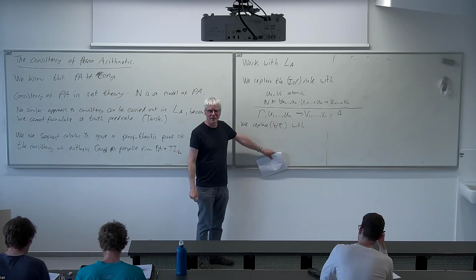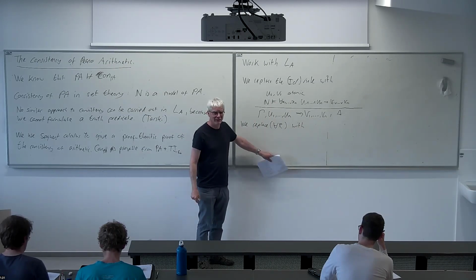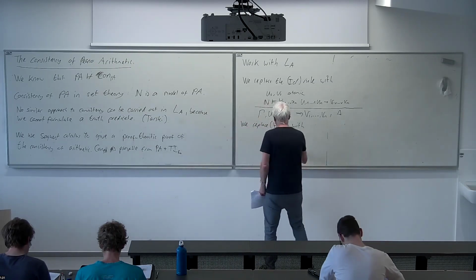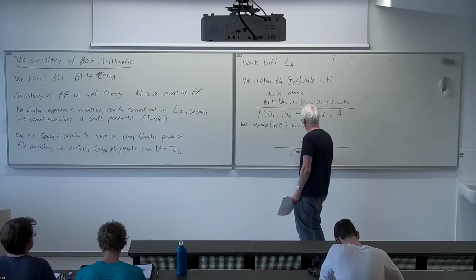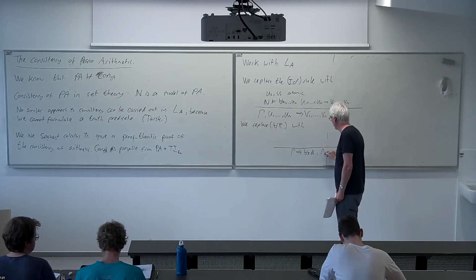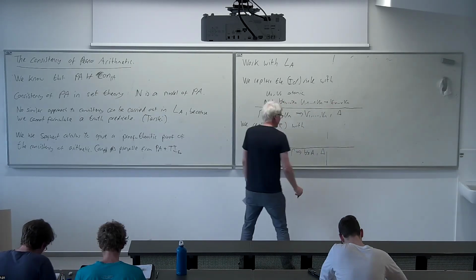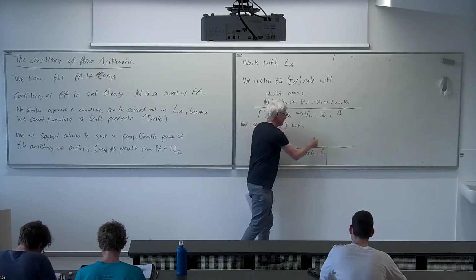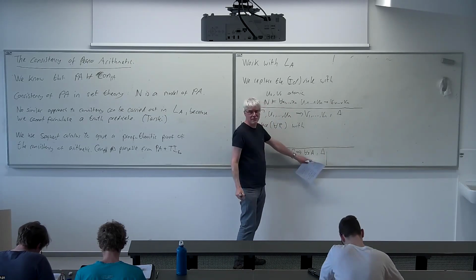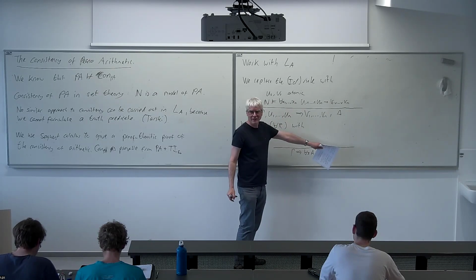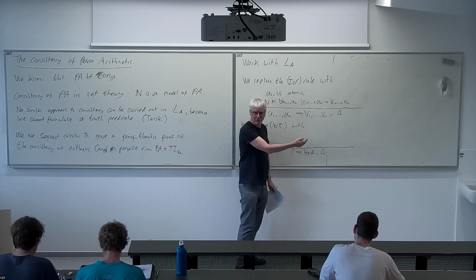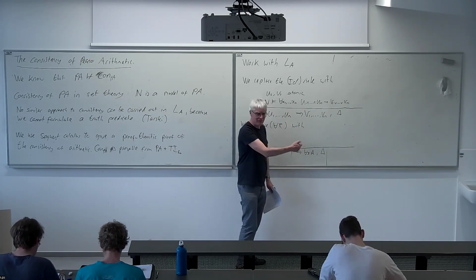Maybe some people have read about these kinds of things. In order to prove a sequent that has a universal quantifier on the right, we prove the case for 0, we prove the case for 1, we prove the case for 2, and we require that we prove infinitely many cases.